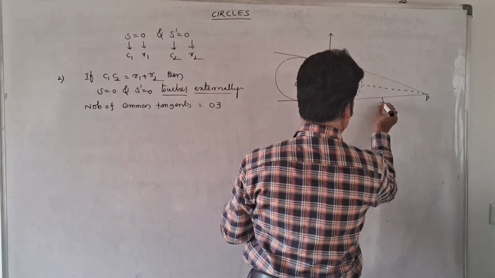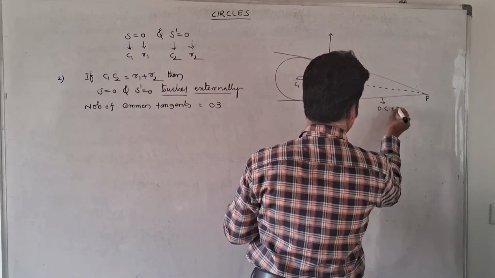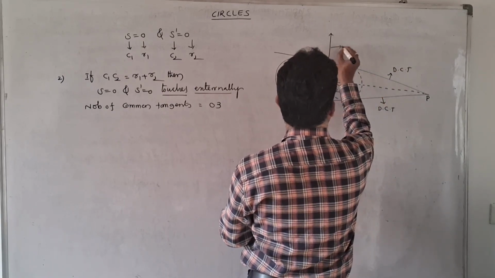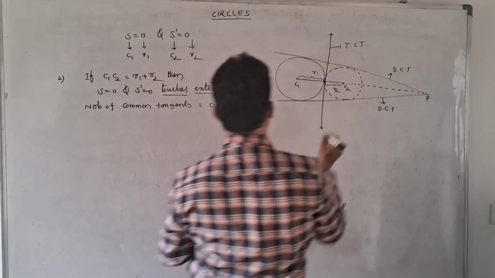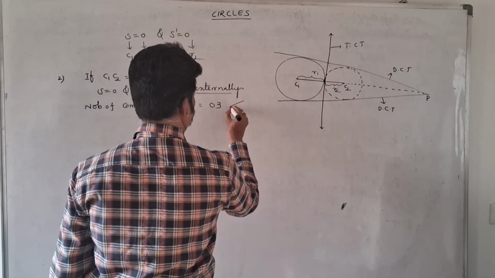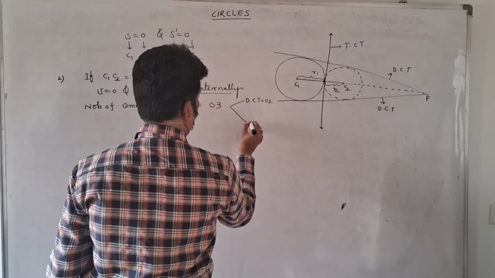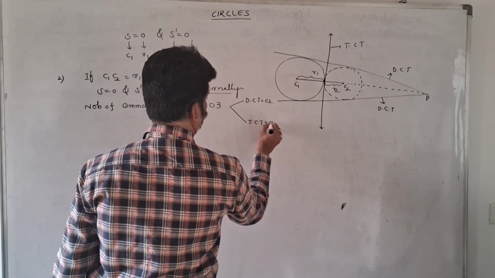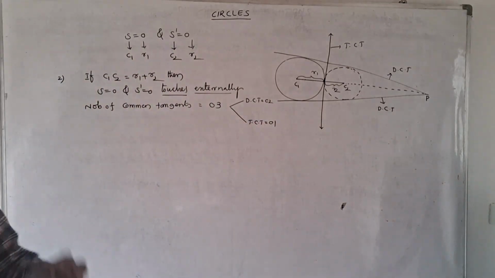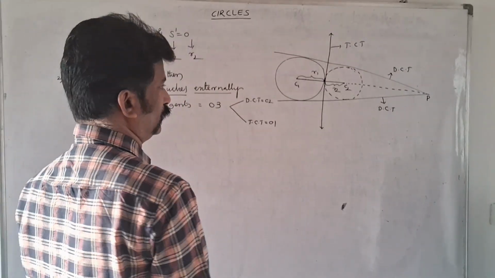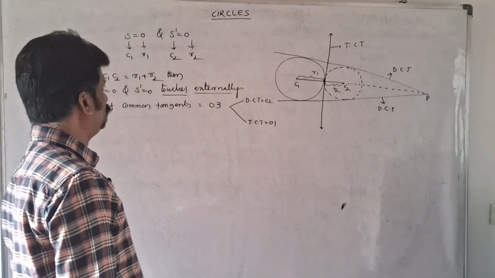This one is a DCT, direct common tangent, and this also a direct common tangent, and this one is the transverse common tangent. So here DCT 2 and TCT 1. Direct common tangent is equal to 2 and transverse common tangent is equal to 1. Clear?